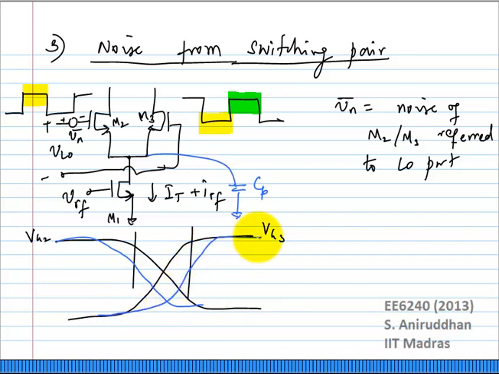Something like this. Correct? So the switching instant will be modulated by the noise voltage, the input referred noise voltage of the transistor. You can think in terms of currents also, right? The current through the transistor is supposed to go to 0, but if it does not due to the noise current, then it will turn off later or earlier.